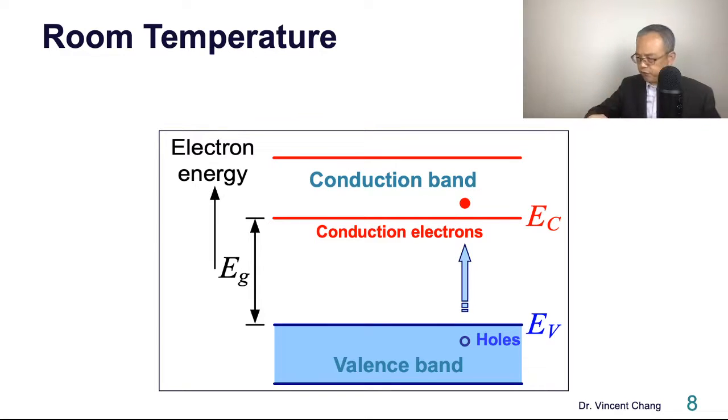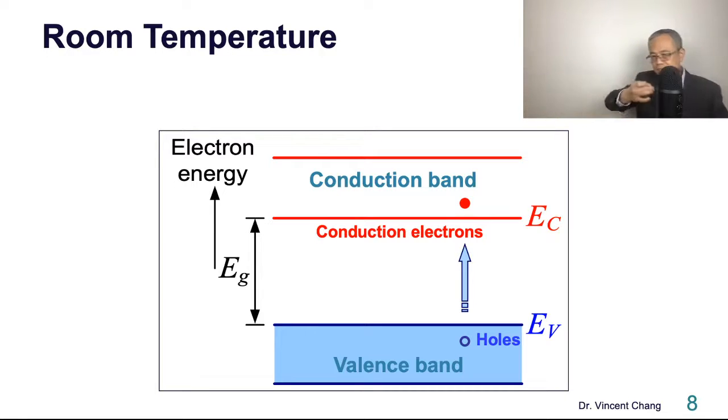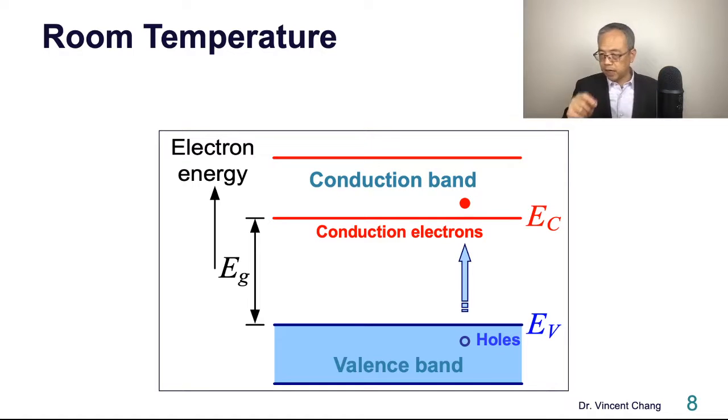So instead of focusing on the valence electrons, we focus on the empty spot. We track the trajectory of the empty seat, and that empty space is called the hole. It can be described as a positive charge carrier.